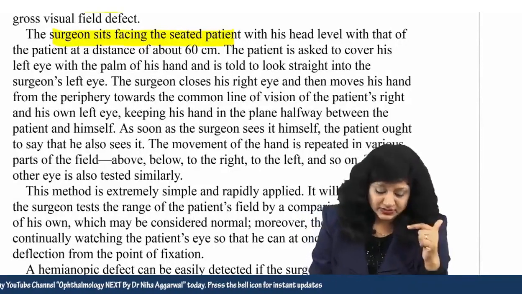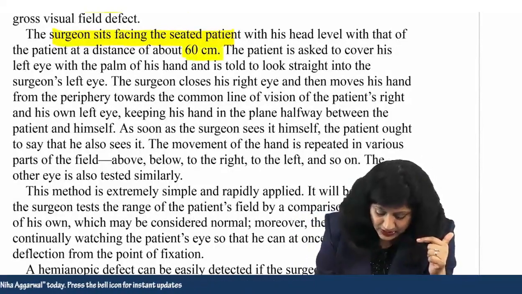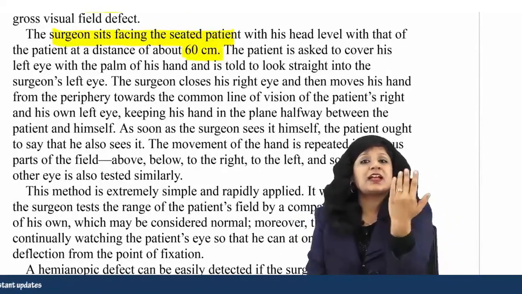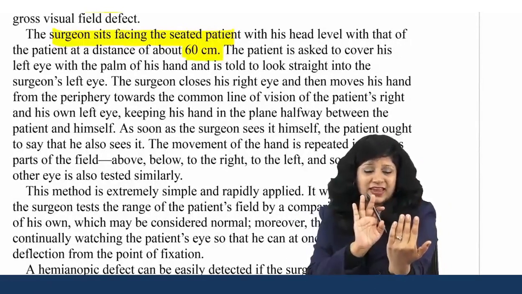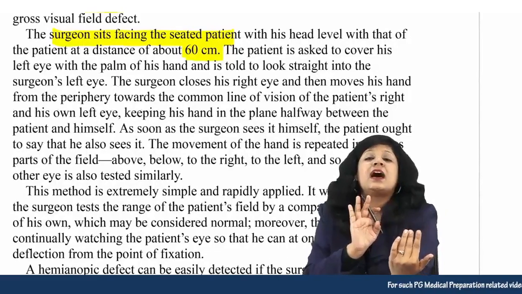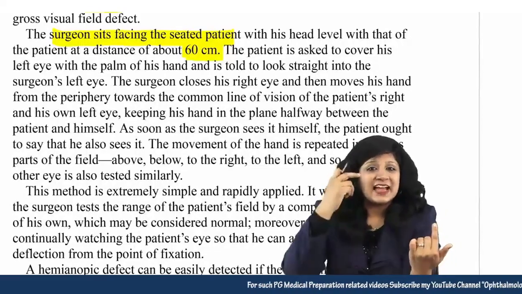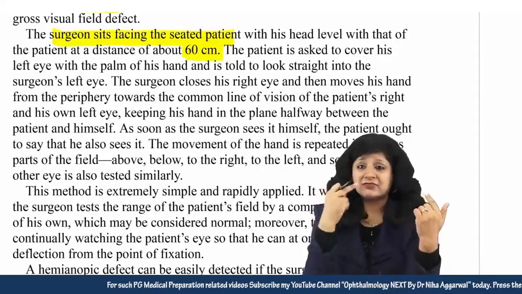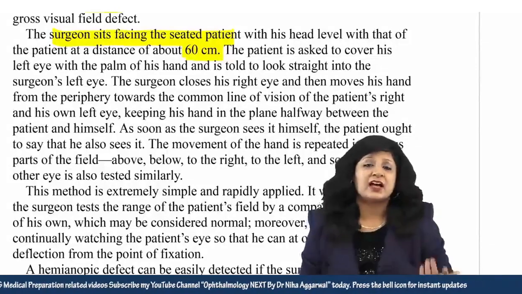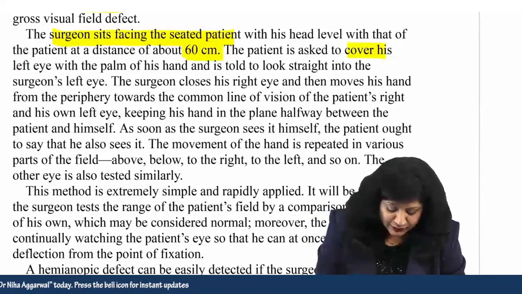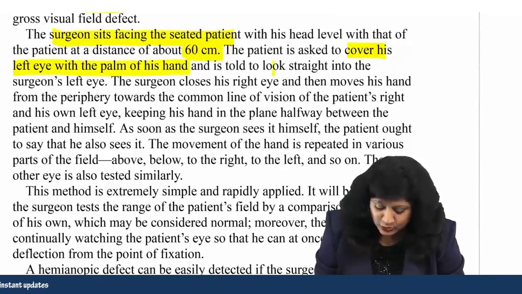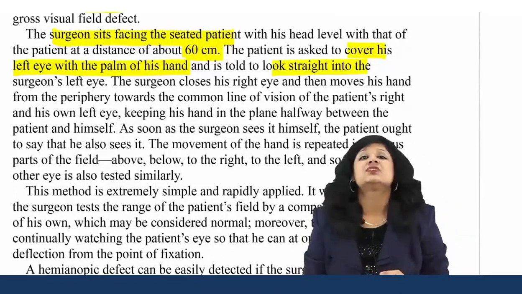And what is the distance? The distance is 60 centimeters. Now here we are confronting. The patient and the examiner are sitting face to face. We are covering the opposite eyes, so the eyes are being examined opposite to each other. The patient is asked to cover his left eye with the palm of his hand and told to look straight into the surgeon's left eye.